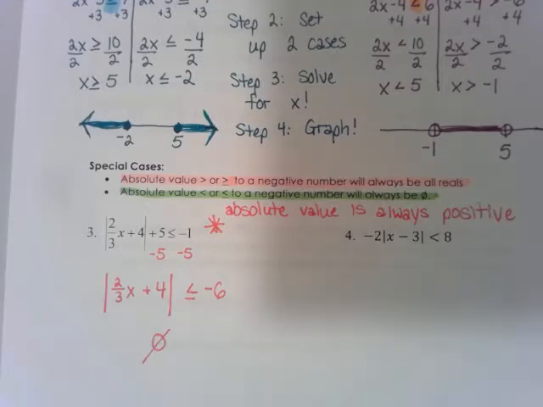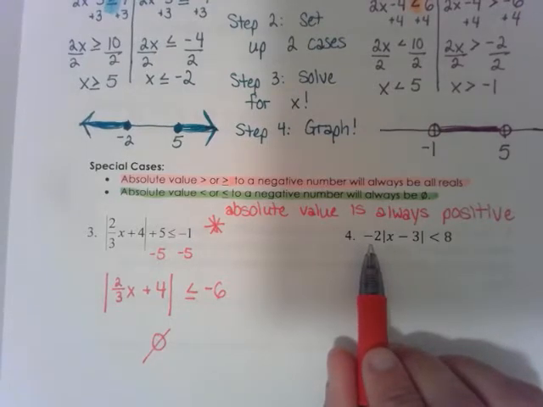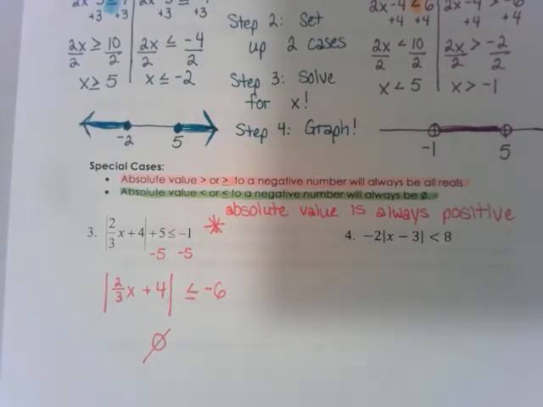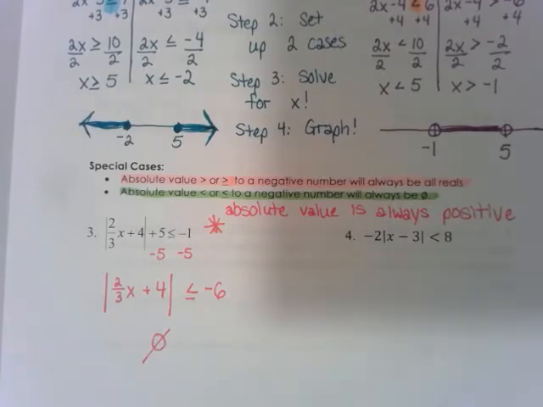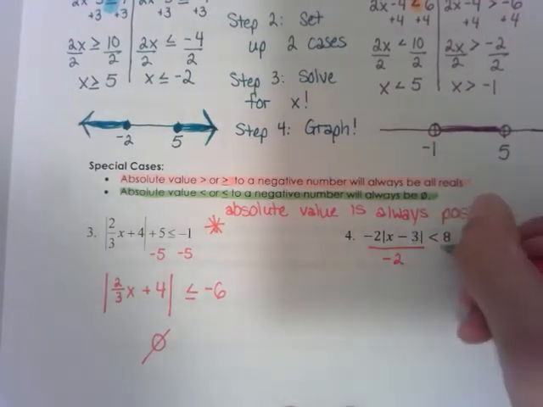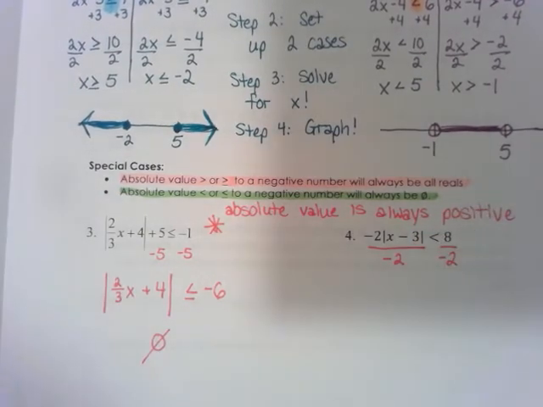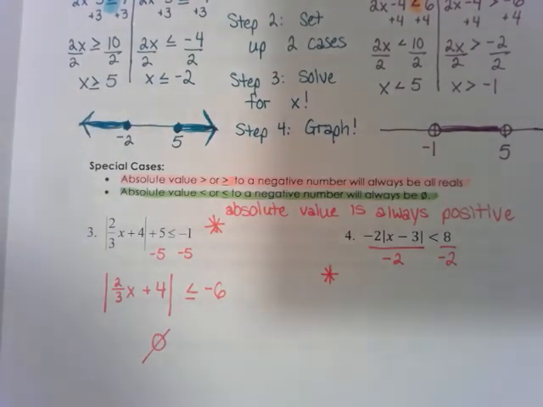For example number 4, the thing that I notice here is that there is a -2 out front. Because I don't have a plus or minus sign in between the 2 and the absolute value mark, that means I'm going to need to divide each side by -2. And I'm going to put a little flashing warning sign.